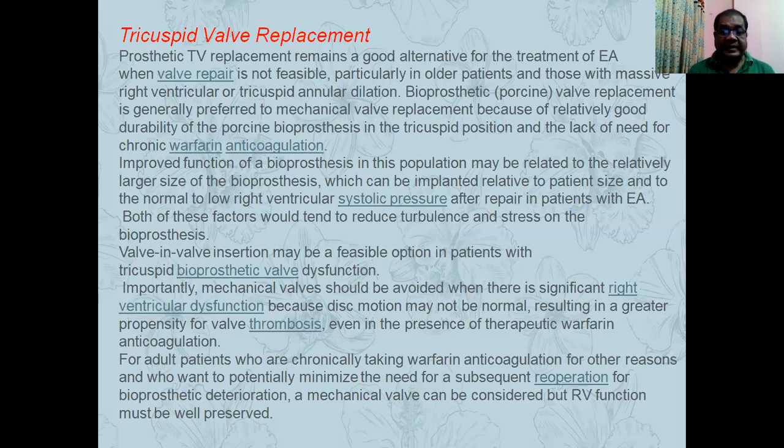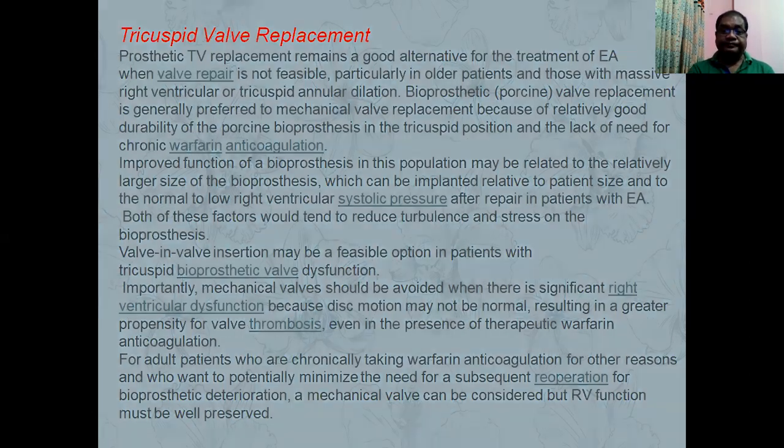So that gives most anticoagulant related complications, like even intracranial hemorrhage, bleeding disorder, etc. For adult patients who are chronically taking warfarin anticoagulation for other reasons and who want to potentially minimize the need for a subsequent reoperation for bioprosthetic deterioration, in that case only a mechanical valve can be considered, but RV function must be well preserved.